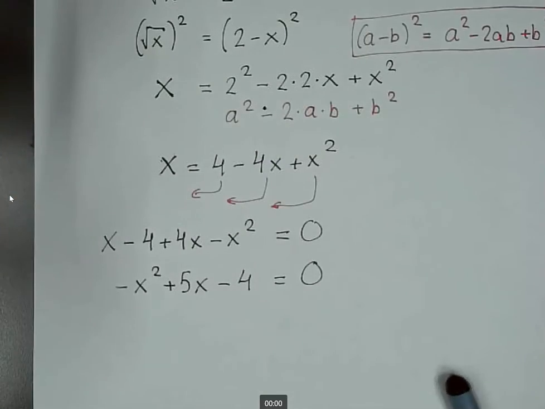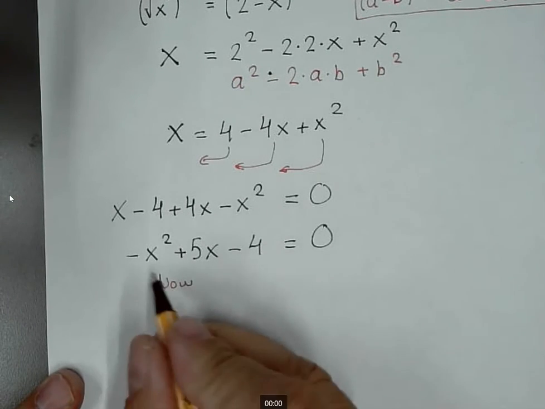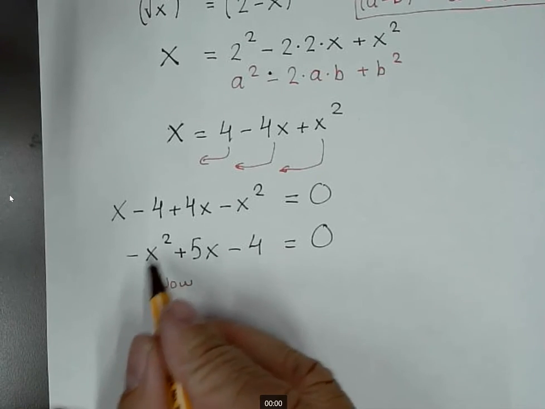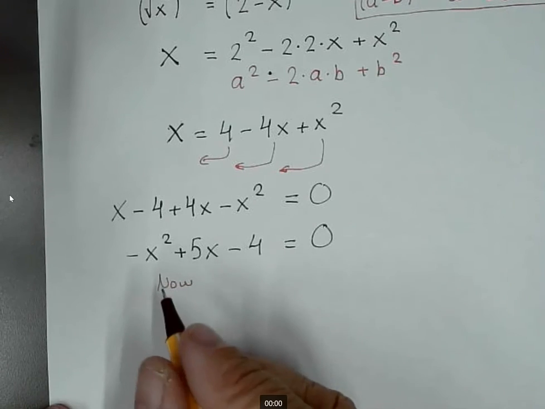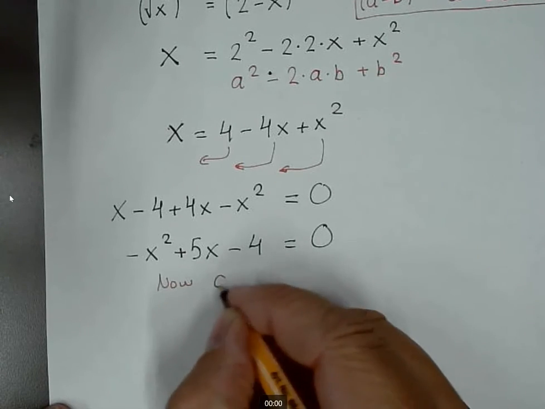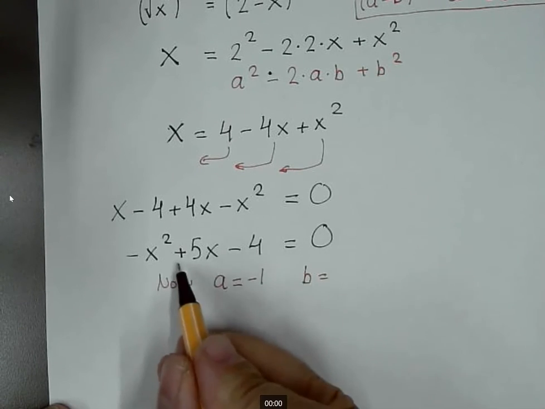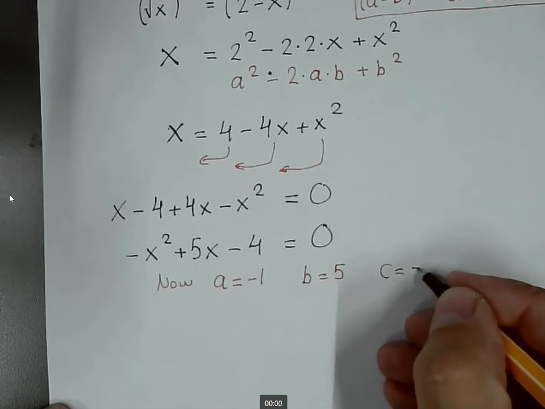So now a is the factor in front of x squared, so there is only minus, that means a must be minus 1. b equals 5 and c equals minus 4.